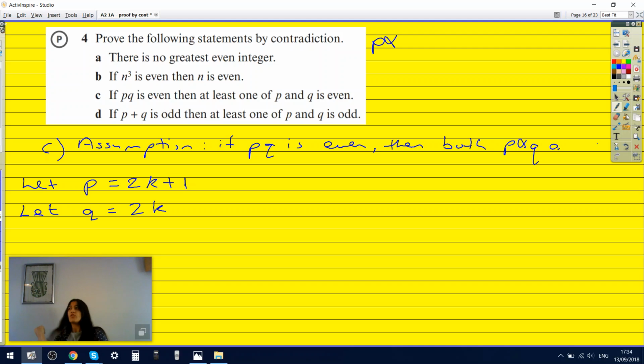Okay, so P equals 2k plus 1. Yep. Let P equal 2k plus 1. And Q... These both need to be odd. So 2k plus 3. Yep.